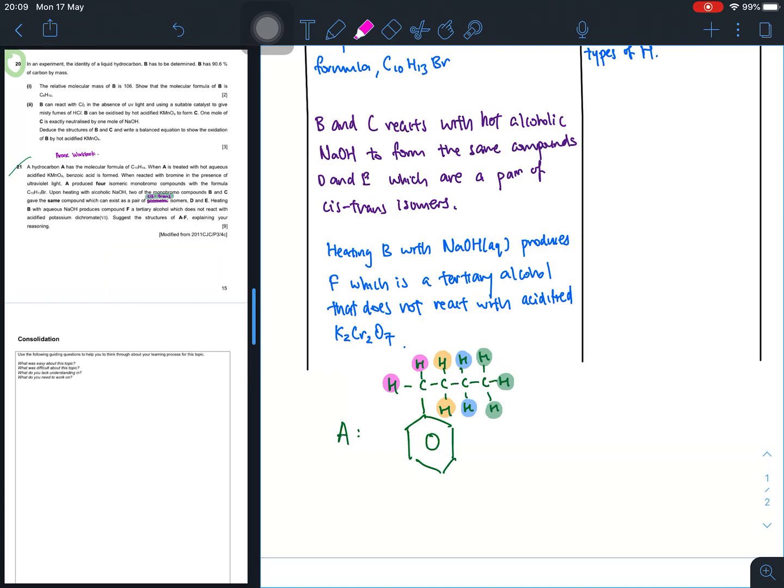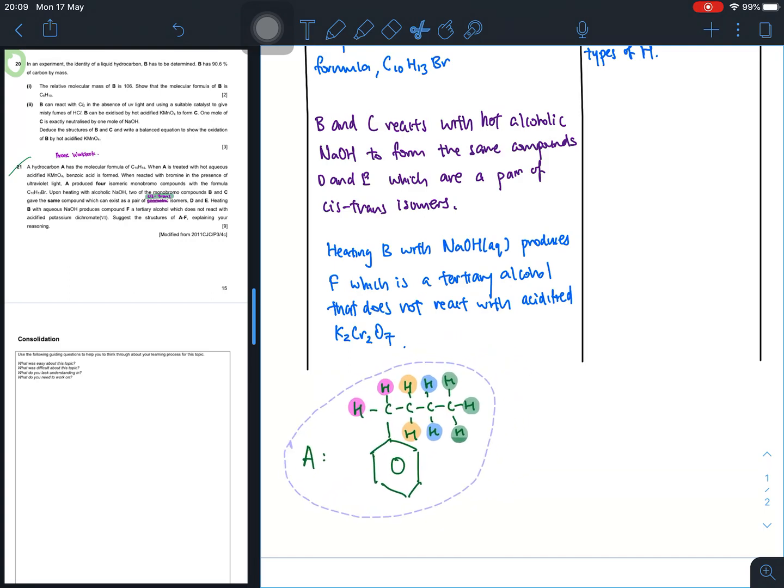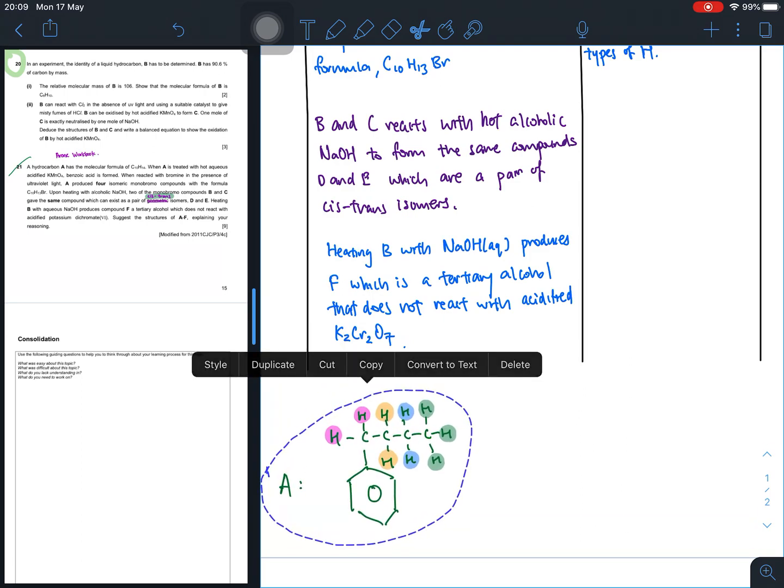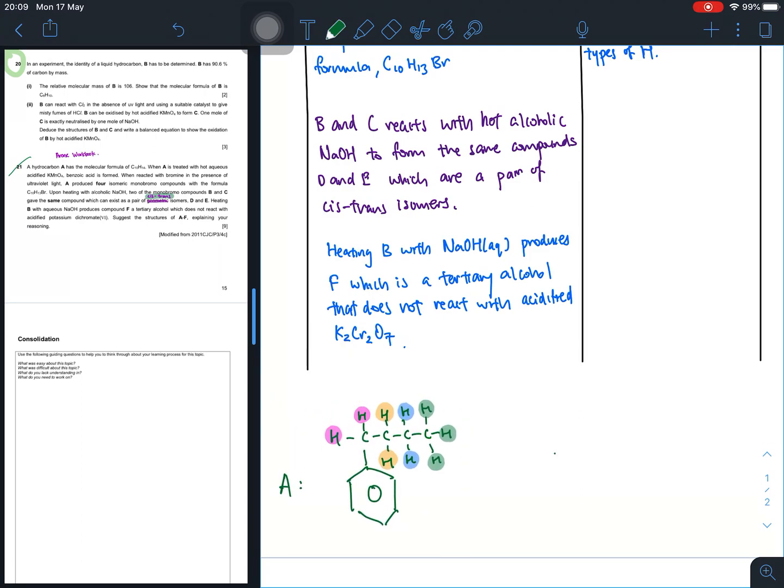Okay, I'm just going to show you one more example. This is not the final answer yet, just take note, because I need to make sure that it adheres to the remaining clues in the question. So you can also think about the fact that A, the side chain, I know that there are 4 carbons. I can also do some form of permutation, where my carbons can be a branched chain on the side chain.